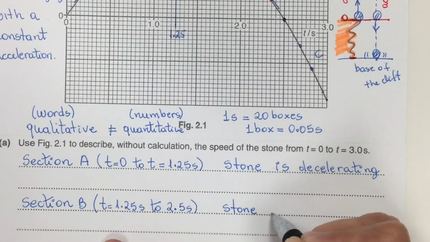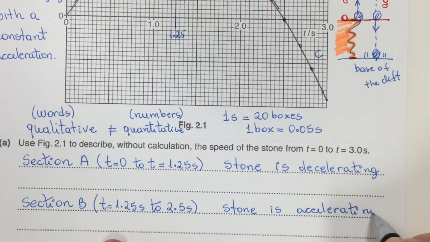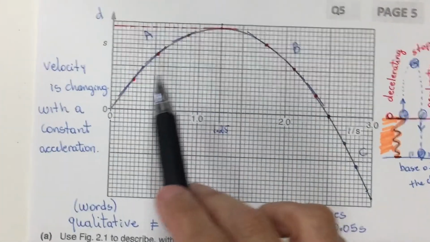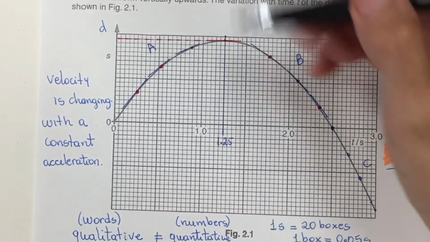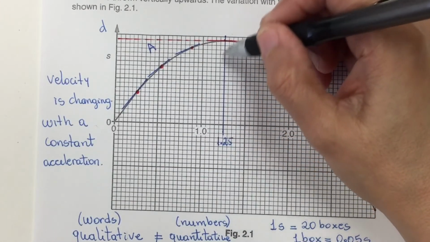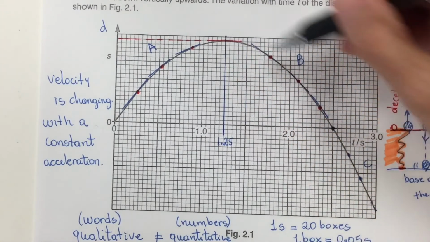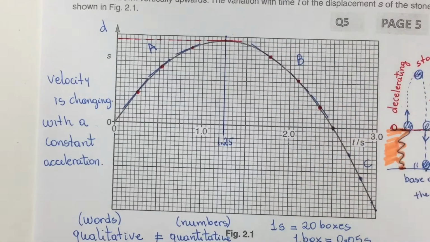From 1.25 to 2.5 seconds, the stone is accelerating. Also add to section A that the stone stops at 1.25 seconds before changing direction, before it starts to come down. So let's add this to the description.